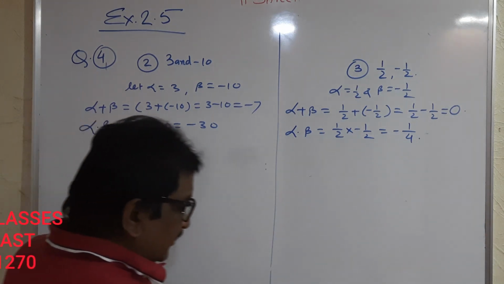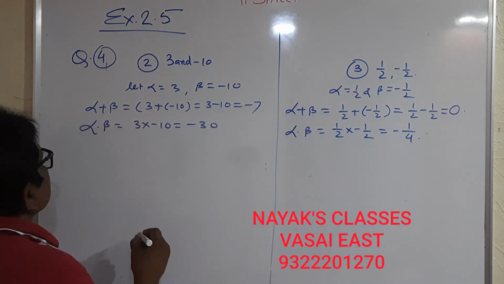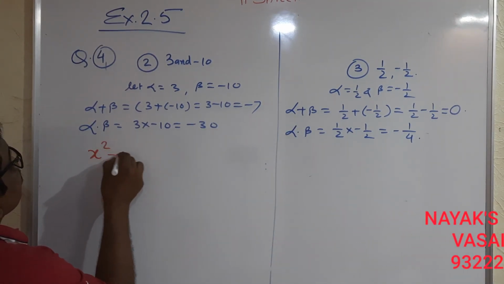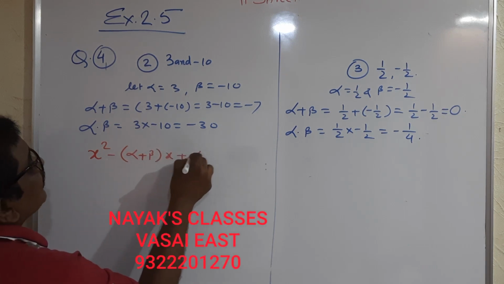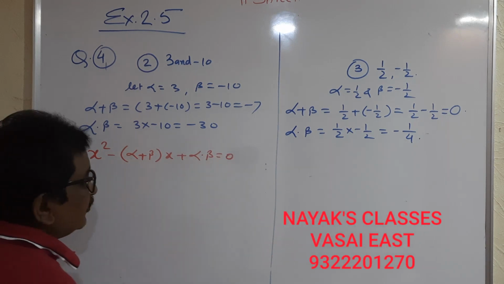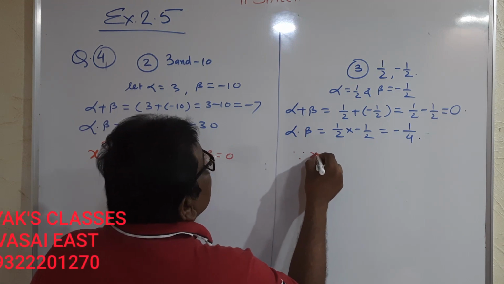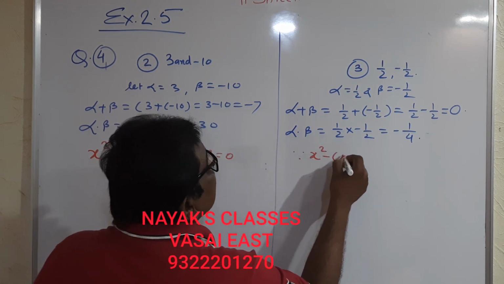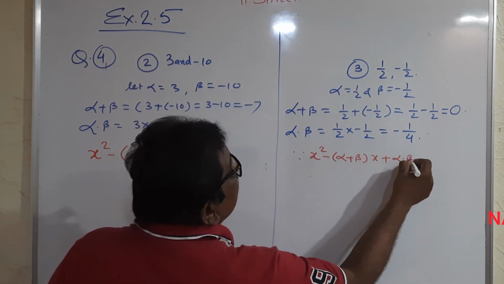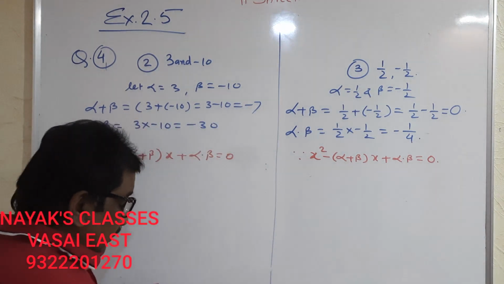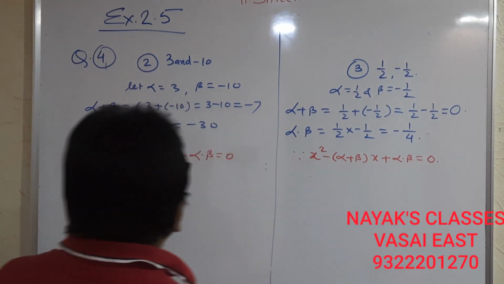The standard equation is, when you know the roots, it is x square minus alpha plus beta into x plus alpha into beta is equal to 0. Same on this side, since x square minus alpha plus beta x plus alpha into beta is equal to 0. Now the final, putting the values.